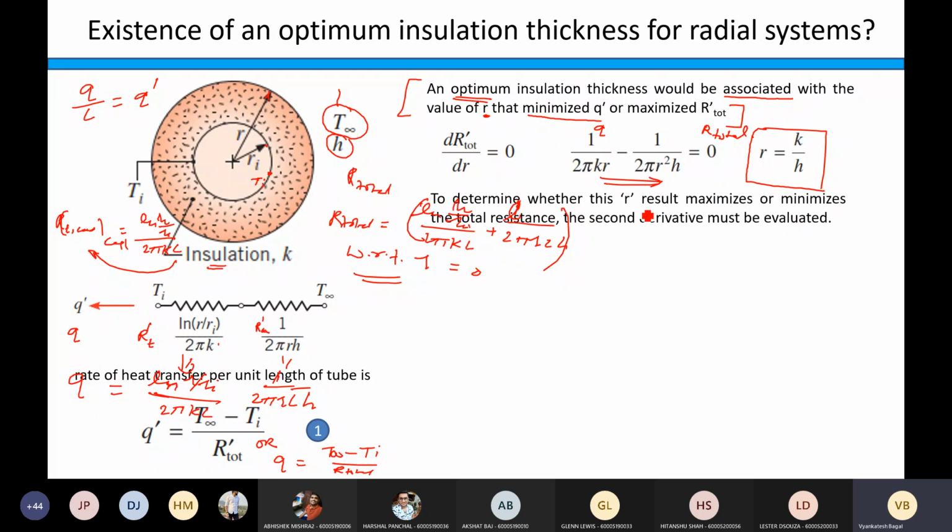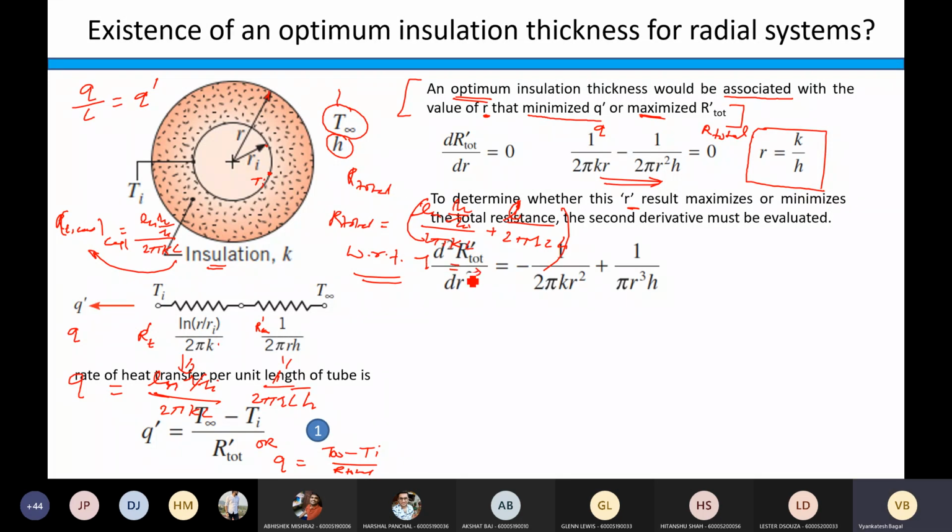To determine whether this value maximizes or minimizes the total resistance, since we want to maximize it for the optimum radius, we must evaluate the second derivative. So I am taking the second derivative now.